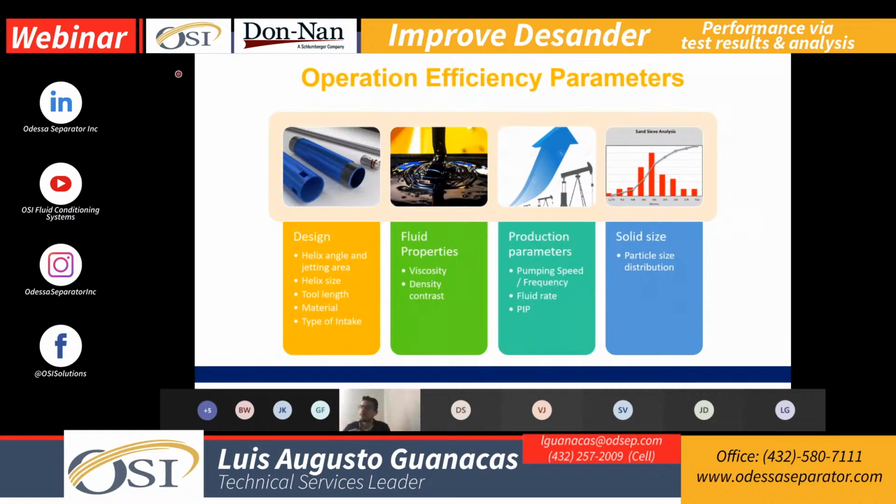We check the fluid properties: viscosity, density, contrast. We check the production parameters, the pumping speed mainly, and then the fluid rate. And like you were asking, Jason, we cover what is the impact of the particle size distribution, the PSD, in this tool. So we are going to get into this topic right now.